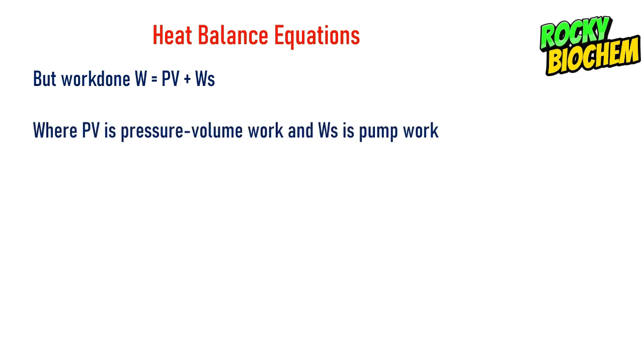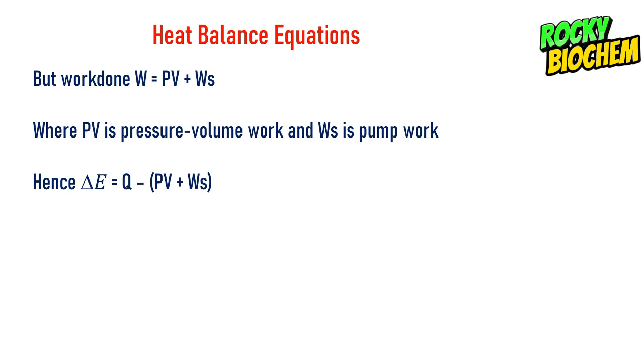So we can then fix this particular into our equation 1. So from the equation 1, we learned that change in E is equal to Q minus W. And right now we have seen that W is given as PV plus WS. So let's fix PV plus WS into where we found W from the equation 1.